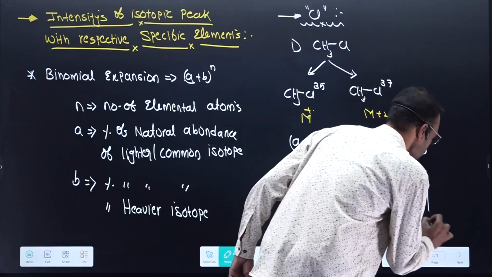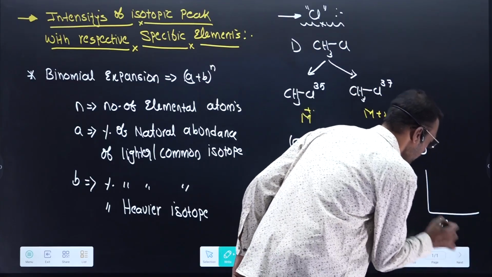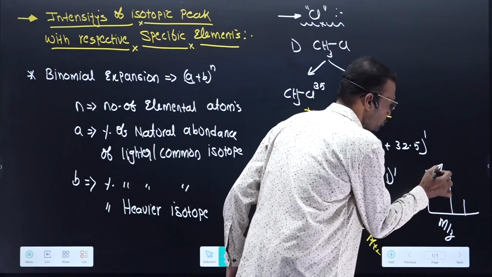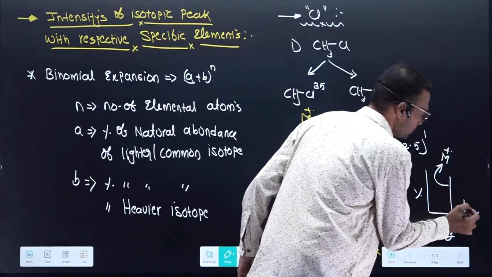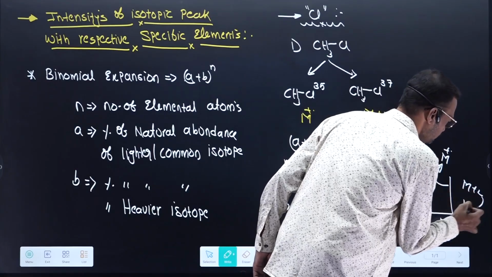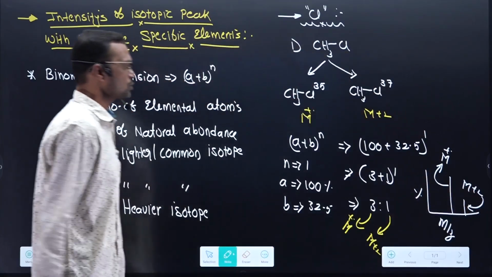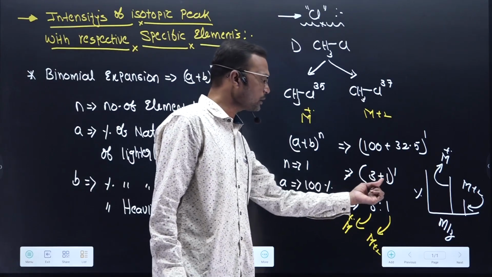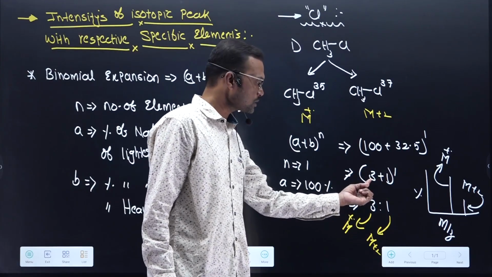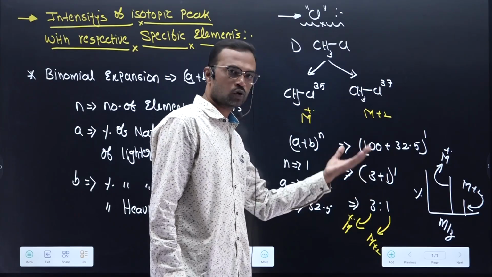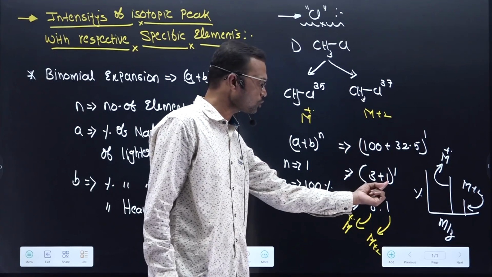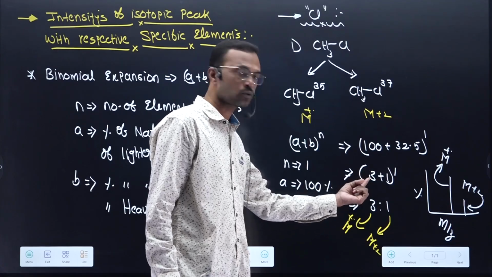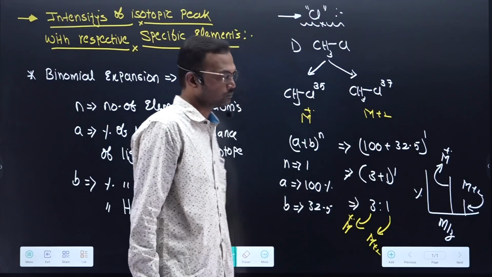So finally this is the conclusion. This is the percentage of intensity, this is the molecular ion, this is the isotopic ion, M plus 2. So when chlorine is given, you need to write 3 plus 1, but don't add these numbers. 3 indicates that out of 4 parts, 1 part belongs to the heavier isotope and the remaining 3 parts belong to the lighter isotope. So that's why I always take 3 plus 1.